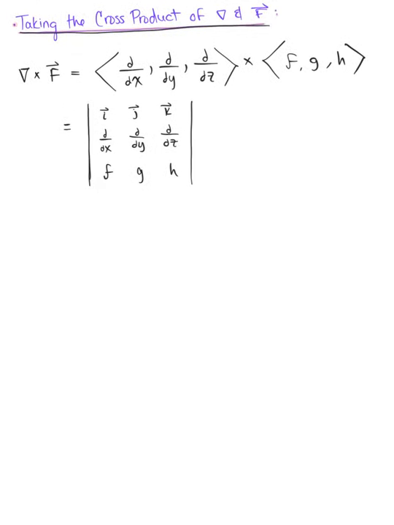Since it's been a while since we've seen the cross product, let's think about the 2x2 minors for each one of these unit vectors.